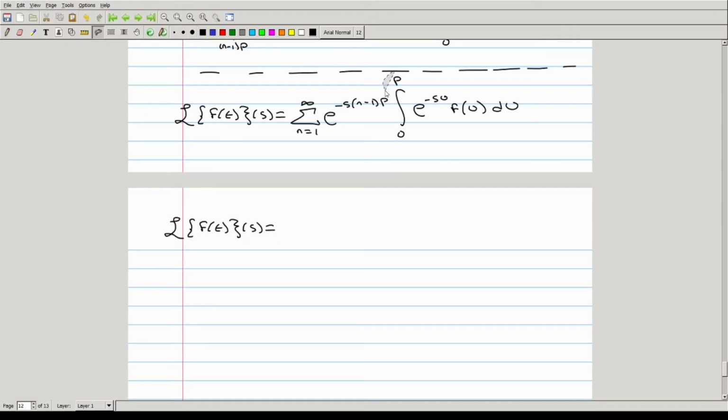This is going to be the integral from 0 to p, which doesn't depend on n, so it comes out of this infinite sum, times the sum from k equals 0, we re-index, to infinity of e to the negative sp to the power k.